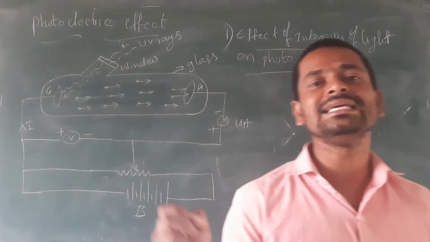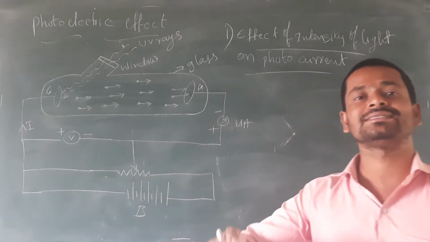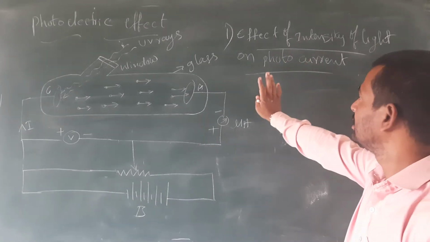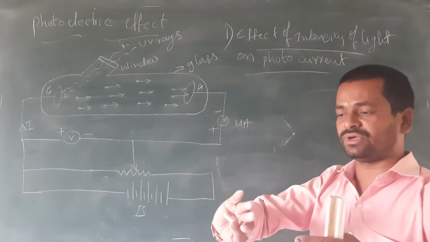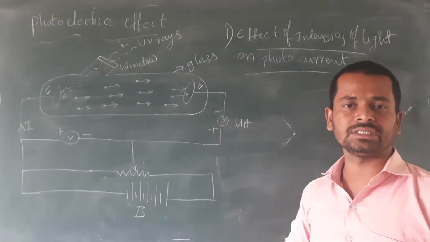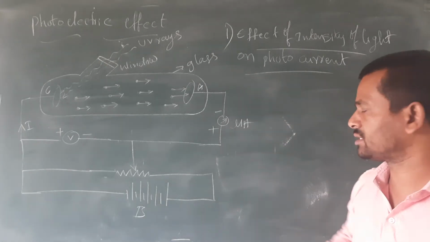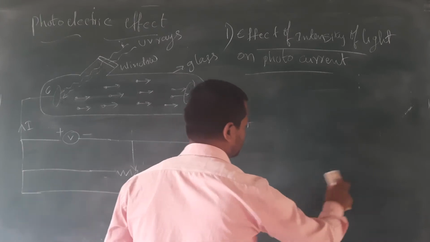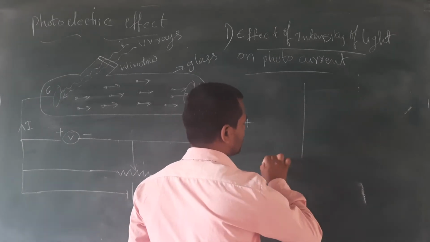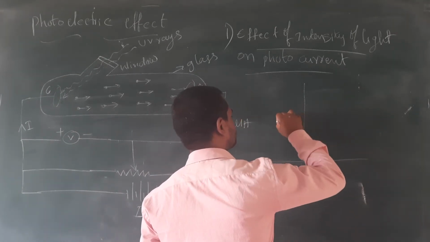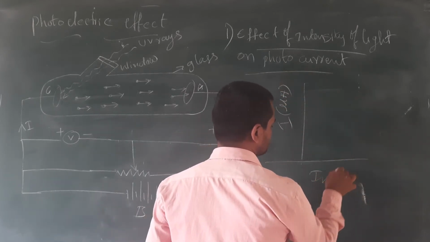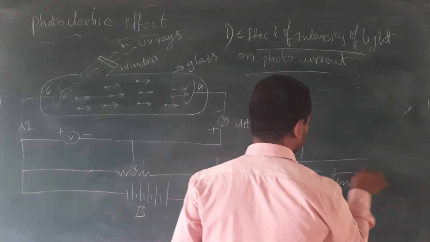But when is this possible? When the frequency is kept constant. When we keep the frequency of the incident light constant and the intensity changes, when the intensity increases, the current also increases. When intensity decreases, current also decreases. We have to show this on the diagram by plotting a graph between intensity and current. Current we must take on the y-axis, in terms of microampere, and intensity on the x-axis.